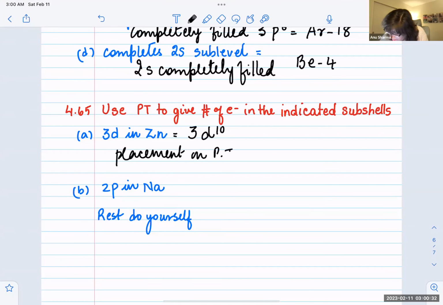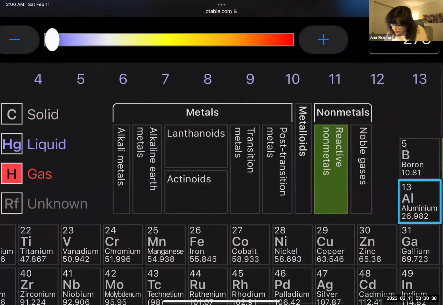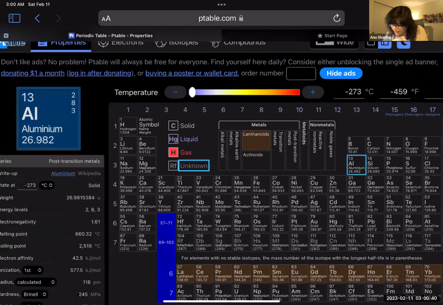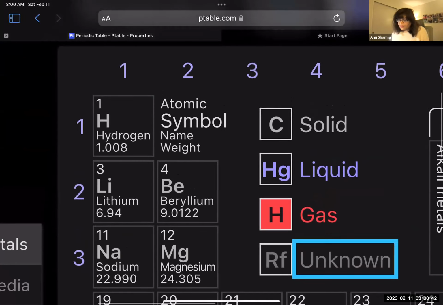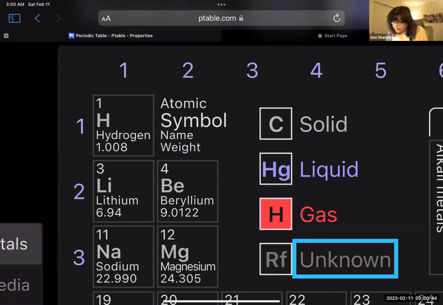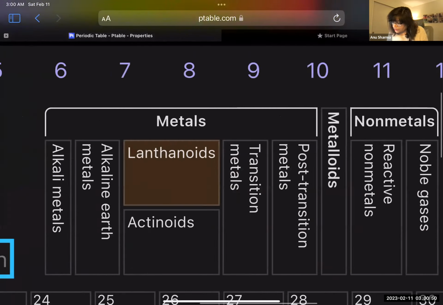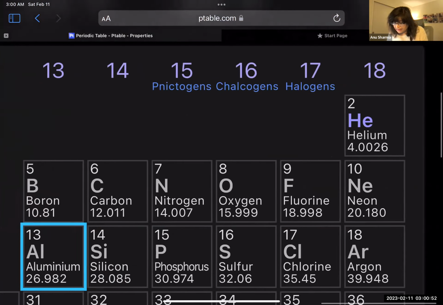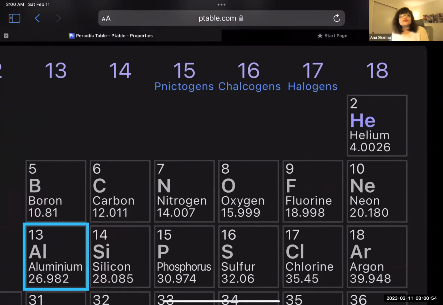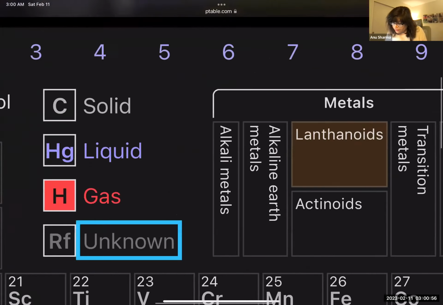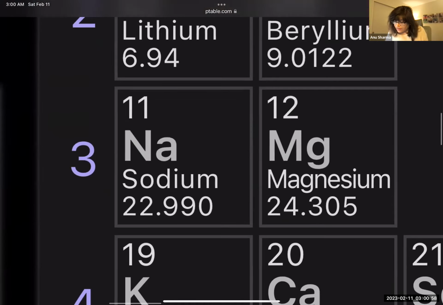Next is the 2p in sodium. So 2p in sodium is what? Here is sodium. 1s2, 2s2, and sodium is 11. So 1s2, 2s2, and then comes the 2p6, and then comes the 3s1. So sodium is 3s1.